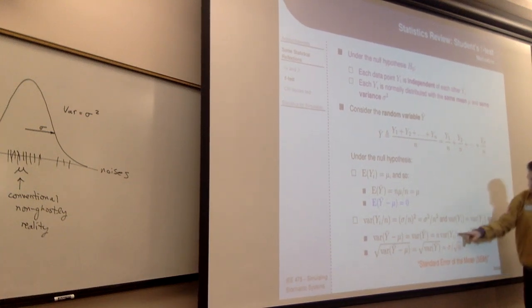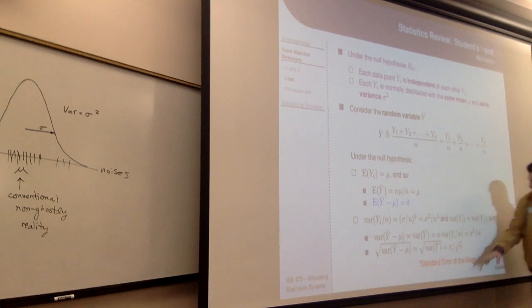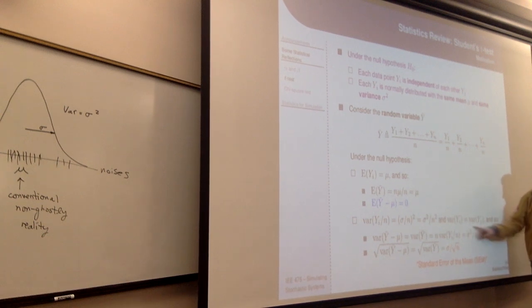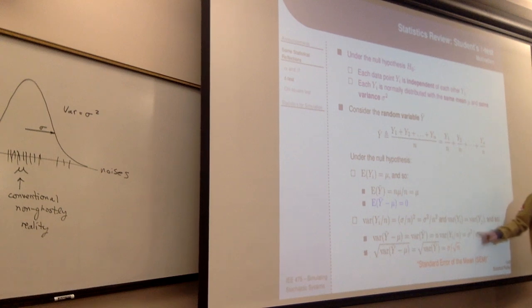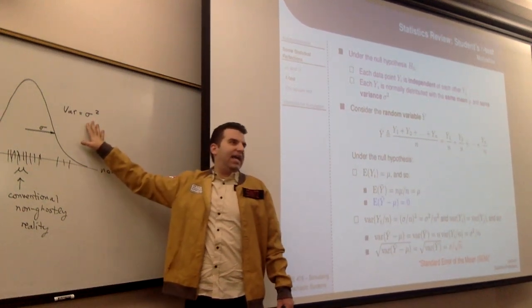The constant comes out, and you end up getting sigma squared. In the end, the variance of the estimator is going to be just sigma squared divided by n. So it's the variance of my distribution divided by n.